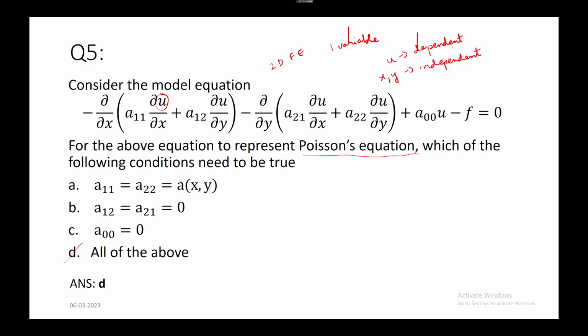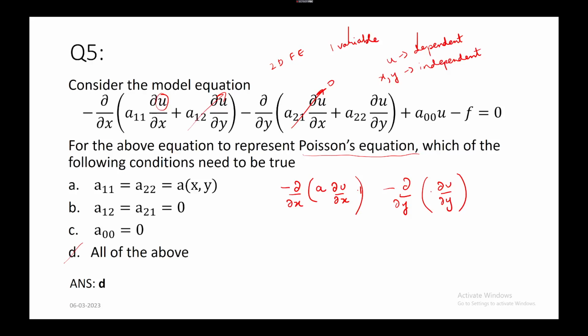So we'll see what it actually means. Let us say a11 and a22 are equal to a. My equation becomes dou by dou x of a dou u by dou x, and if a12 is 0, that part will vanish. Then here also a21 vanishes because it is 0. So it becomes minus dou by dou y of a dou u by dou y.